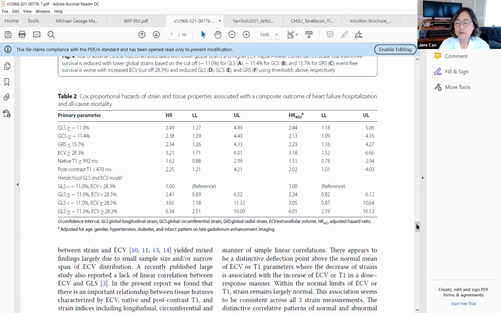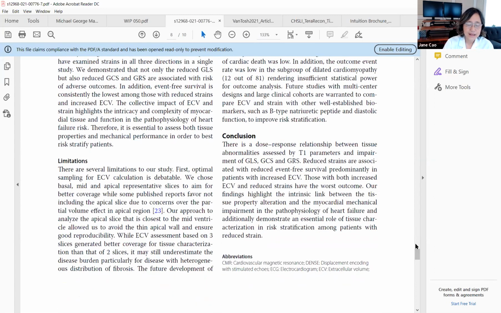So in conclusion, there's a dose-response relationship between T1 parameter and impairment of longitudinal, circumferential, radial strain. But I want to emphasize that such relationship only exists when T1 parameters or myocardial tissue properties were abnormal.